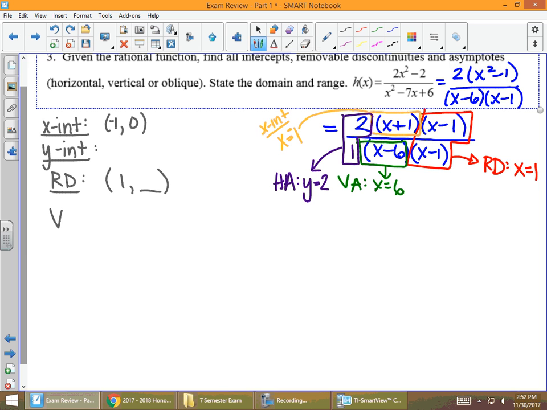Vertical asymptote, there's just 1. Horizontal asymptote, just 1. And domain and range.